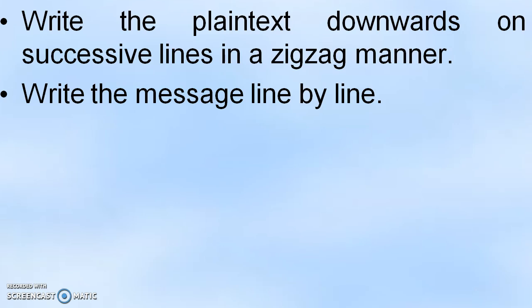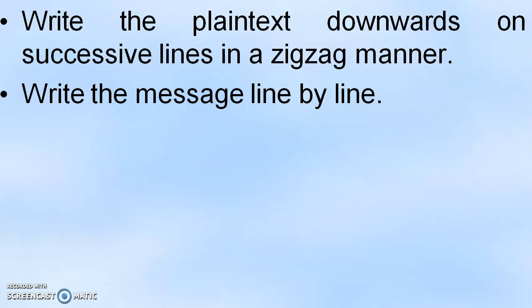Okay. So if you are asked to encrypt a plain text using a rail-fence cipher, then first of all you have to write that message or the plain text downwards in different lines in a zigzag manner. The number of lines is determined by the key size. The key size indicates in how many lines you have to write your plain text.